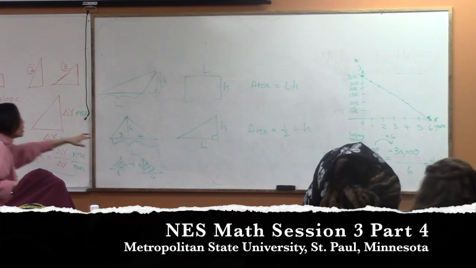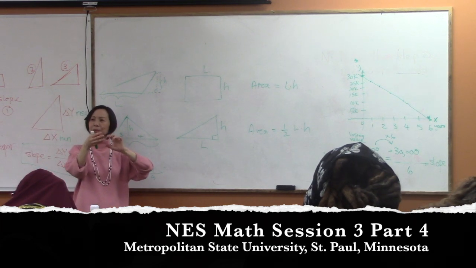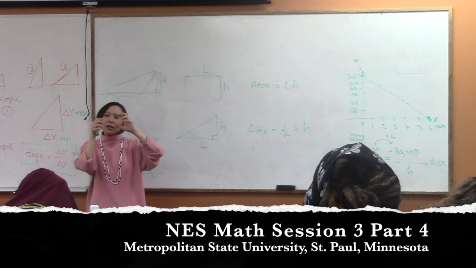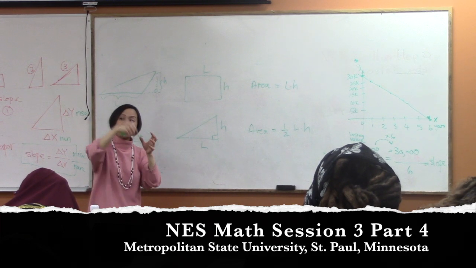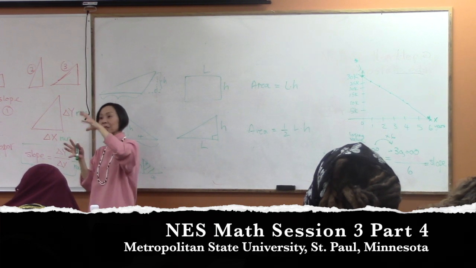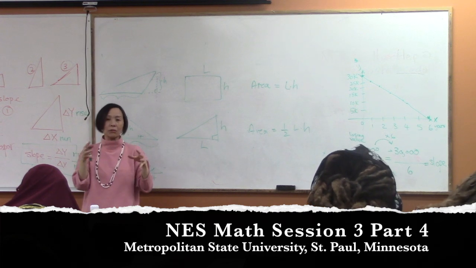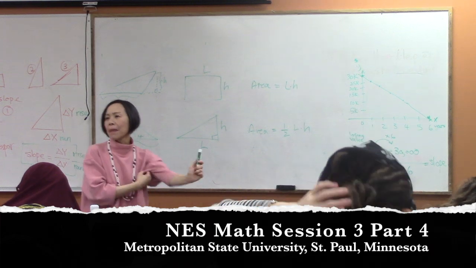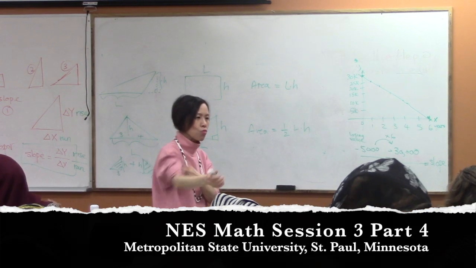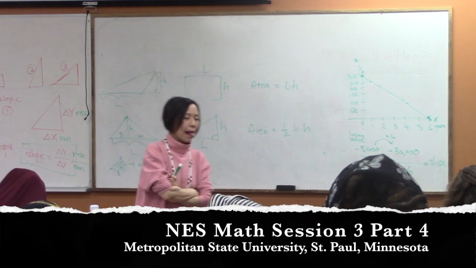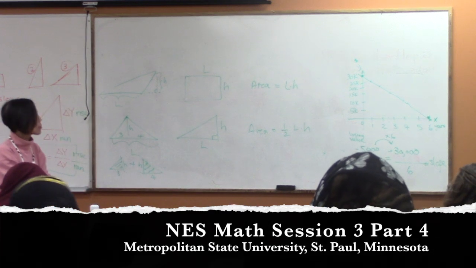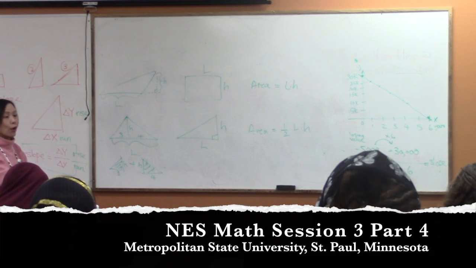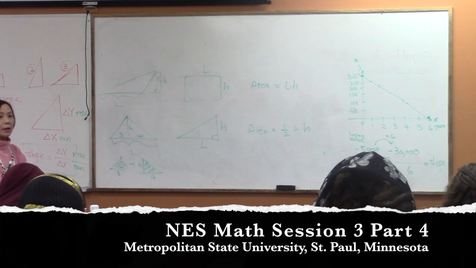So sometimes you might have a problem where they are different shapes, and you have to be able to see this shape is a triangle with this height and length, and then this shape is a triangle with this height and length. This is a rectangle. And I'm going to add all those areas together. And there are problems like that. So area is length times height, right?